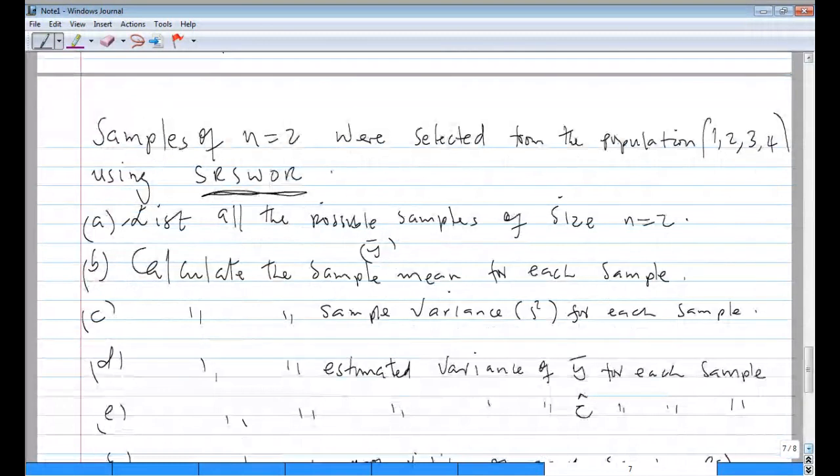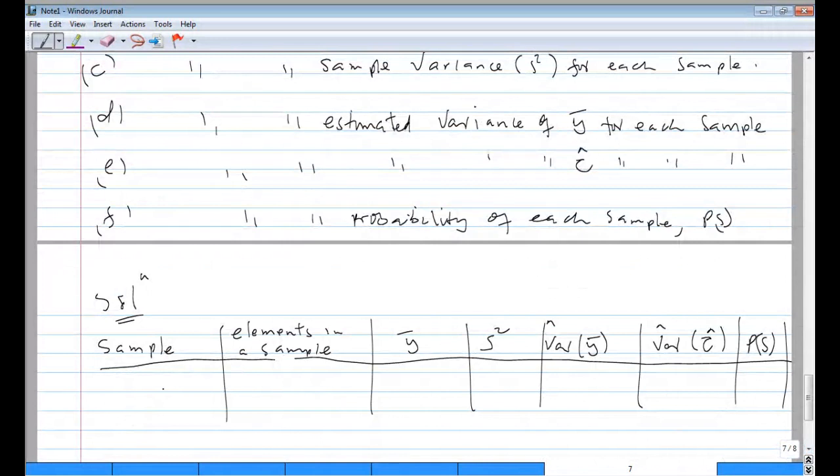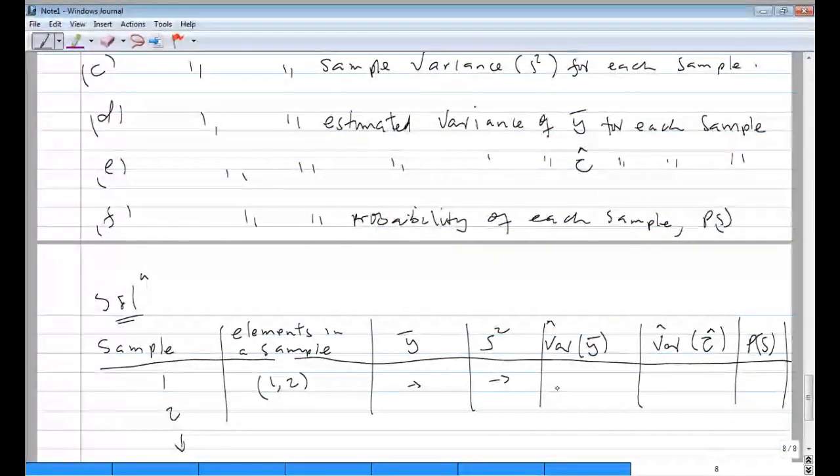So here you are going to have sample 1, 2, up to the number of ways, and the elements in a sample, for example 1, 2. Then you find the mean, the sample variance, the estimated variance for the sample mean, the estimated variance for the estimated population total, then the probability of that sample.